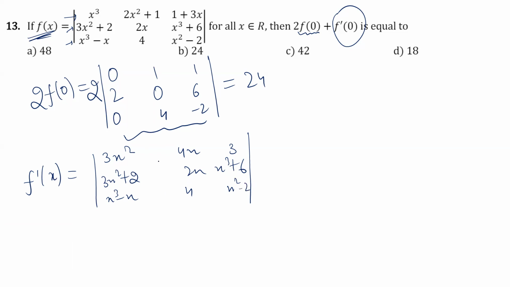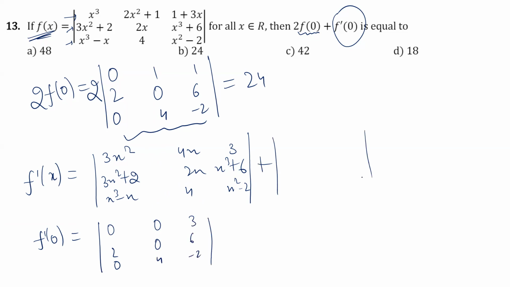So this is the differentiation of the first row. Now you will put 0 in the next step and you will get this as 0 2 0 0, 0 4 3 6 minus 2.